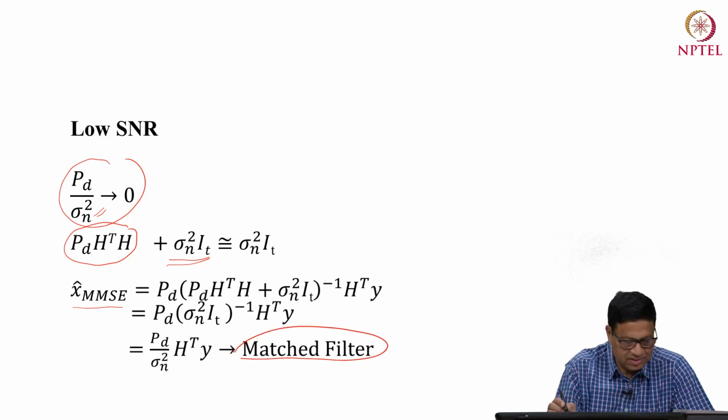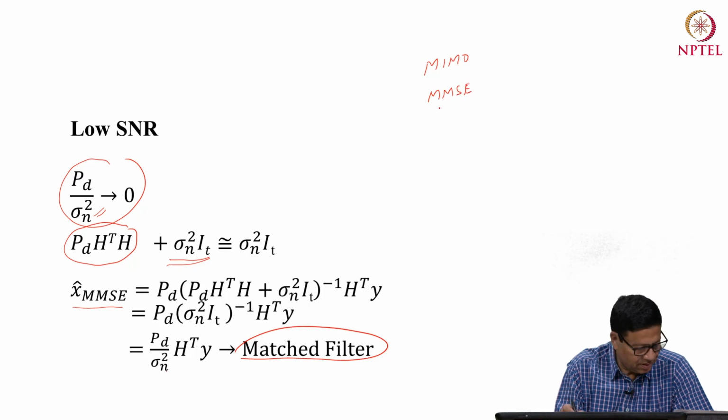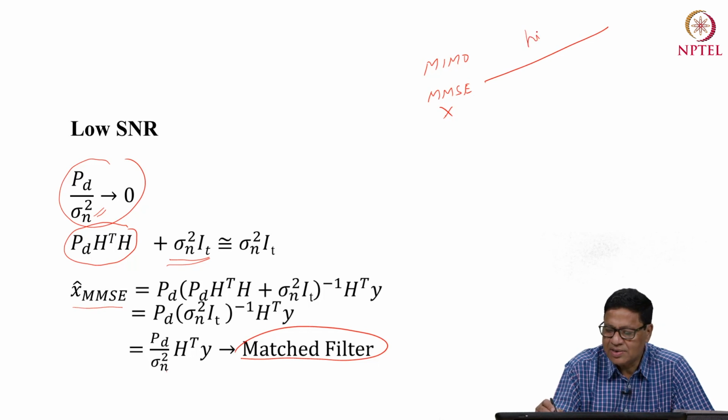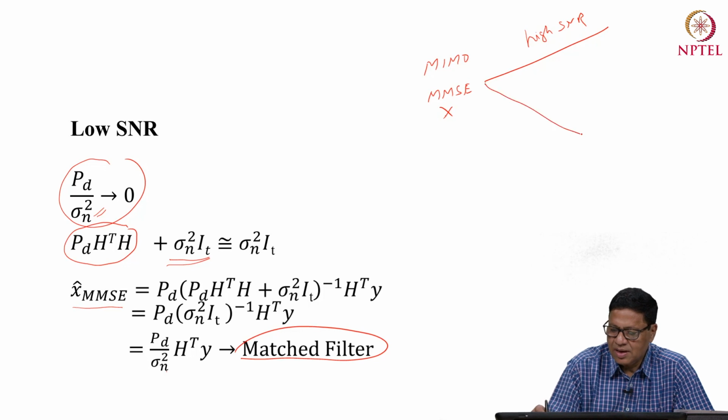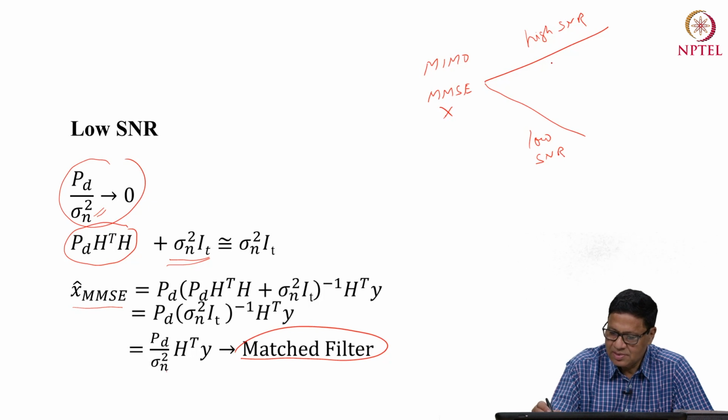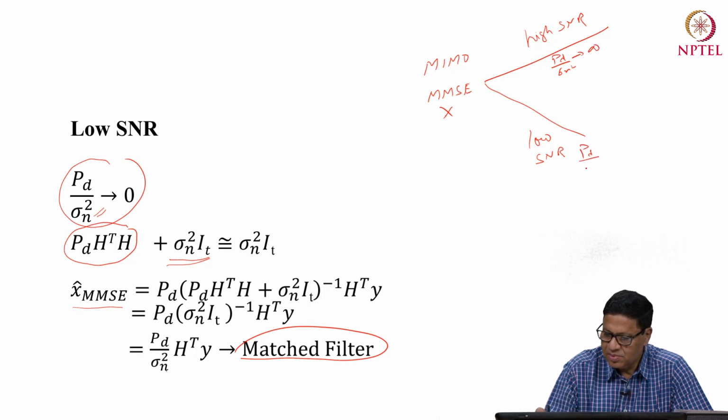So I can write this in a diagram form. So this is, for example, the MIMO MMSE receiver. There are two conditions which we have evaluated: one is high SNR and the other is low SNR. In the first case, PD over sigma n square is tending to infinity, and in the other, PD over sigma n square is tending to 0.